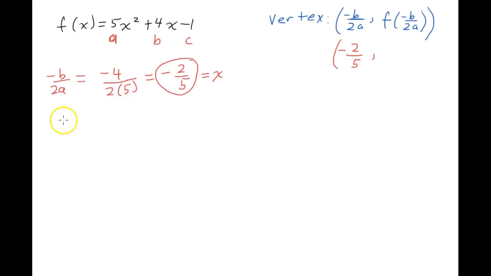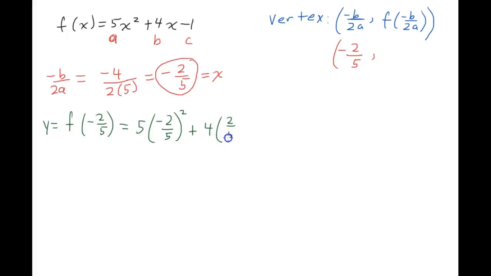So let's see that. I'll say y equals f of negative 2/5. So that is 5 times negative 2/5 squared plus 4 times negative 2/5 and then minus 1. So let's simplify this.